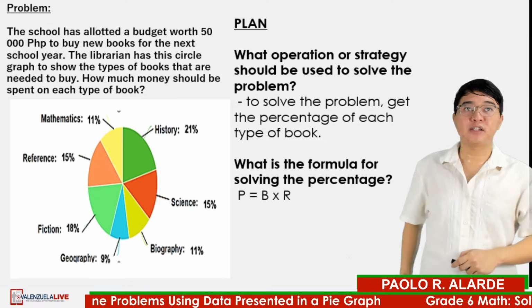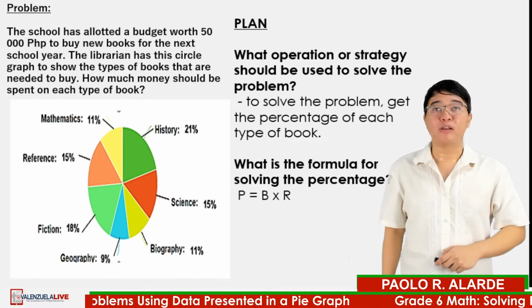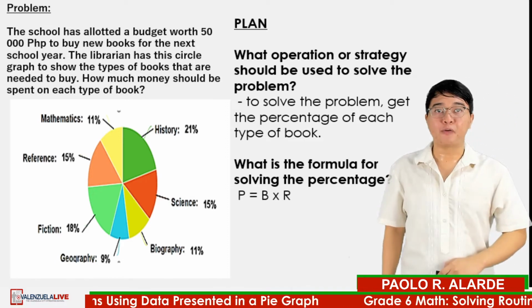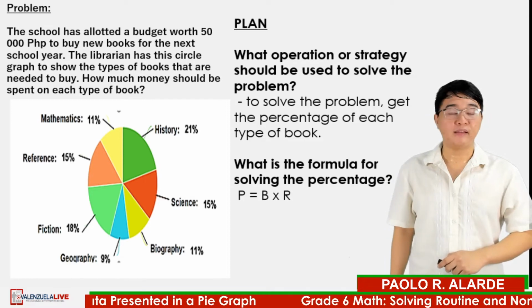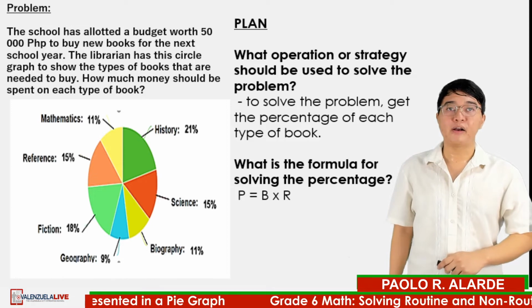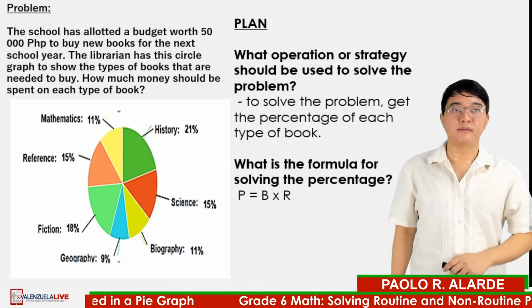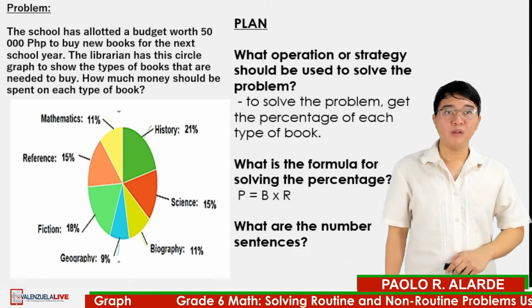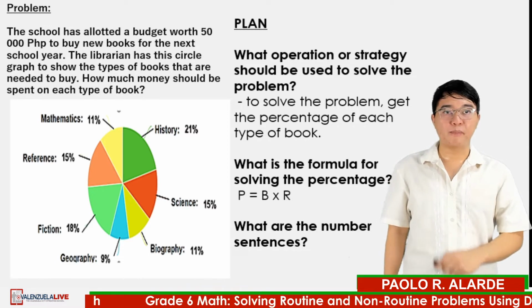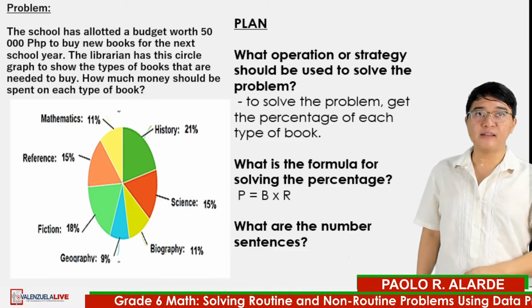The percentage is P equals B times R, where P stands for the percentage, B is the base, and R is for the rate. Now, what do you think are the number sentences in this problem?